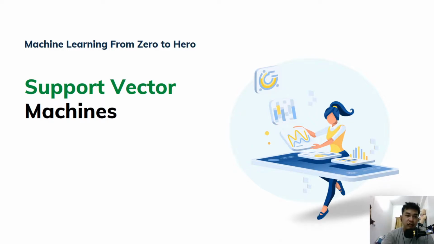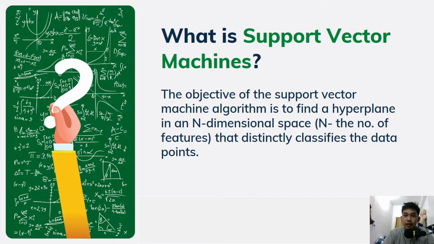Okay, now today we will be discussing SVM, or support vector machines, and artificial neural networks, which will be discussed later. First, let us have the SVM. So what exactly is SVM? When we say support vector machines, the objective is to find a hyperplane in an n-dimensional space that distinctly classifies the data points.